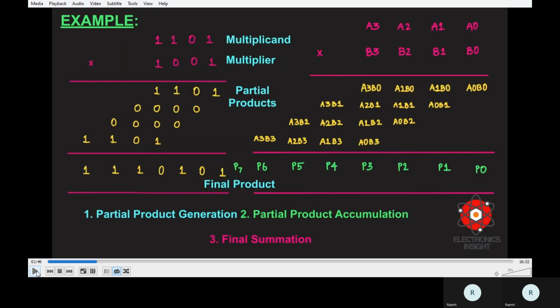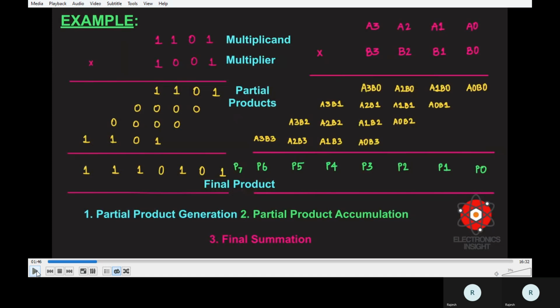Finally, A0 B0 is written as the final term P0, whereas A1 B0 plus A0 B1 must be summed by using an adder. There are two bits: A1 B0 is one product term, and A0 B1 is another value. So they are summed, and you get P1. In the third case, you will get P2 by the sum of the above 3.